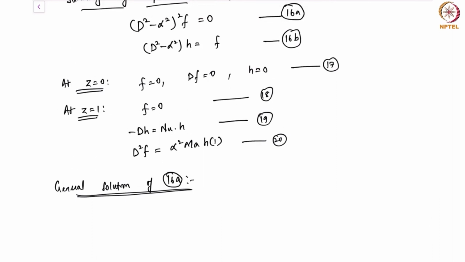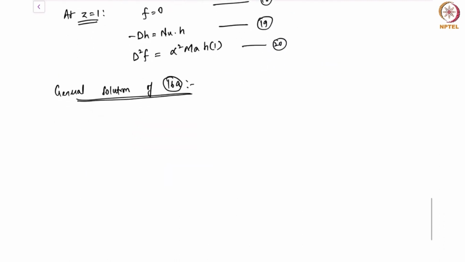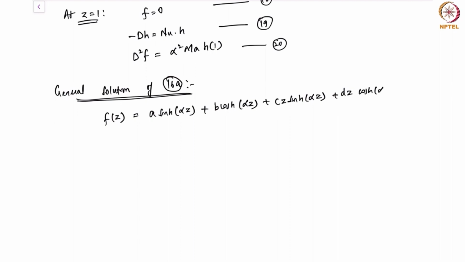I want to finally show what we're going to get with this analysis. What will be the stability map? The general solution will be f of z equal to a sinh of alpha z, plus b cosh of alpha z, plus cz sinh of alpha z plus dz cosh of alpha z. This is the general solution.